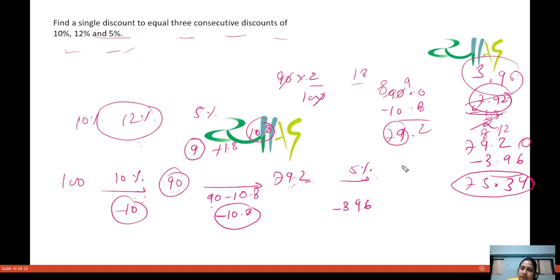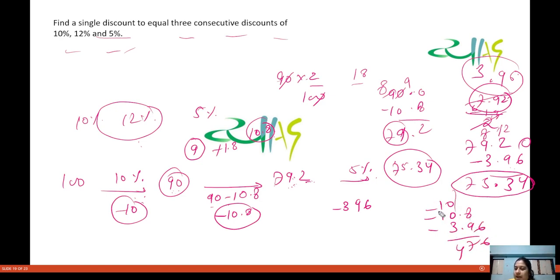So I hope everybody is clear with this thing. So the total discount will become how much? Minus 10, minus 10.8, and minus 3.96. So this is 24.76. So this becomes minus 24.76.